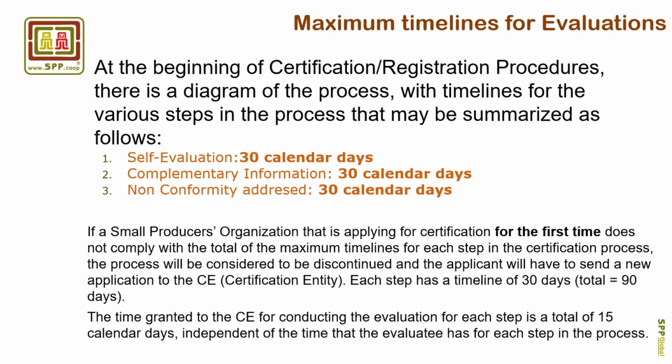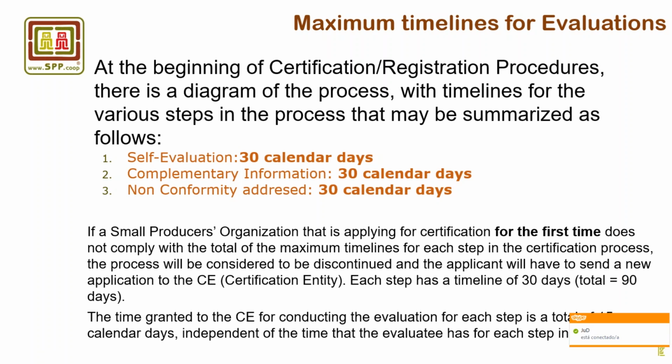The beginning of the certification is the diagram process with timelines for the various steps in the process that may be summarized as follows. The general steps considered in the process are, first, self-evaluation. The small producer organization has 30 days to complete this form and send it to the certification entity.